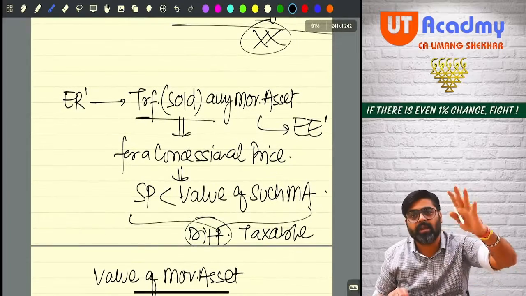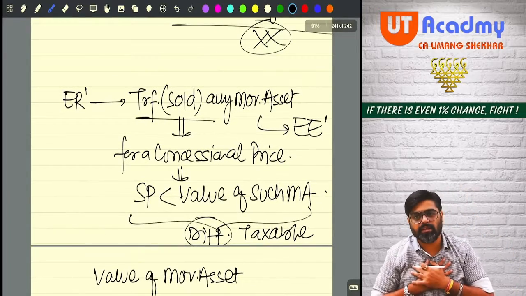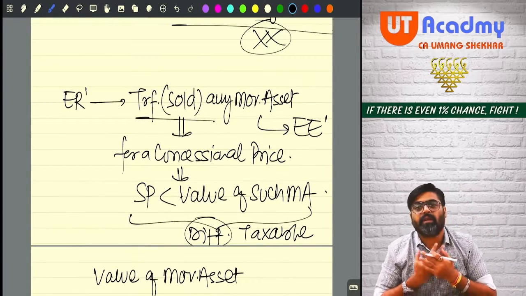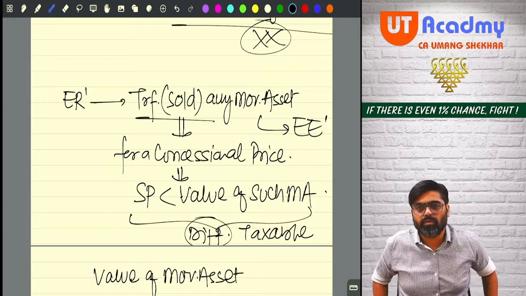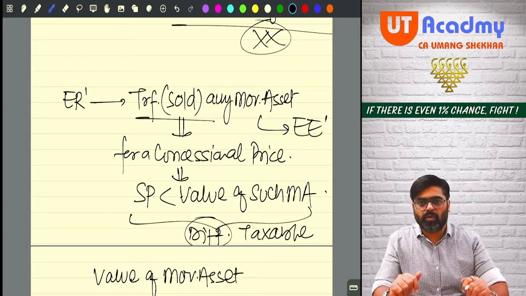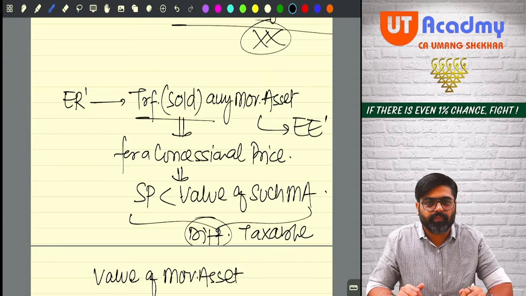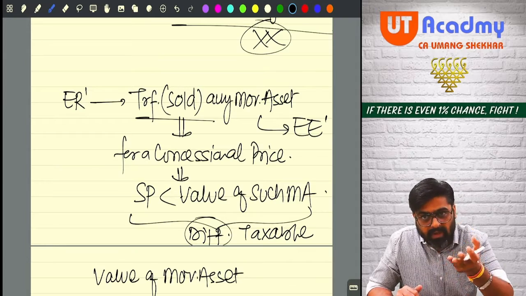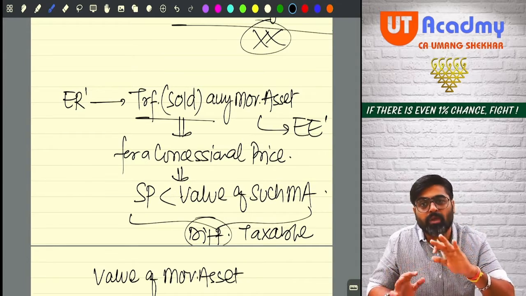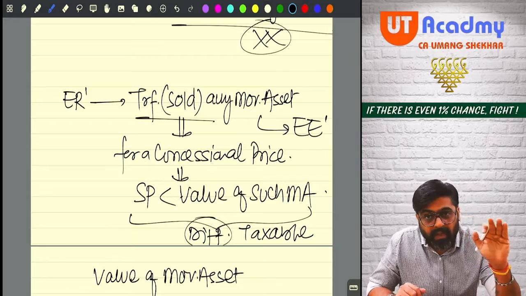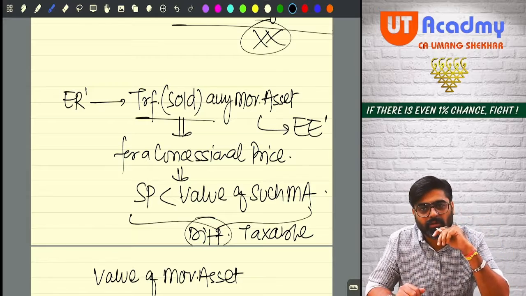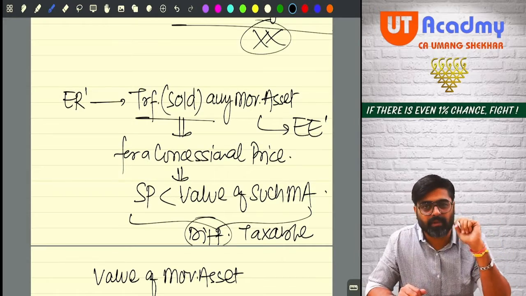Now the ownership is getting transferred. The asset which initially belonged to me, after I sell, now it will belong to you. You will become the owner of that asset. Yes or no? But when you become the owner of the asset, you should become the owner at a price. But you are paying less than that amount also. Hence a benefit is happening.